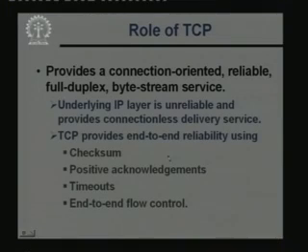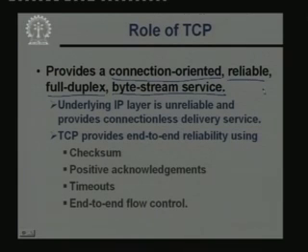Now, first let us look at what are the basic purposes and roles of the TCP protocol, the Transmission Control Protocol. One thing to note is that the main difference between TCP and UDP is primarily related to the kind of service that it provides to the applications which are invoking them. So, TCP provides a so called connection oriented, reliable, full duplex, means bidirectional, and byte stream service.